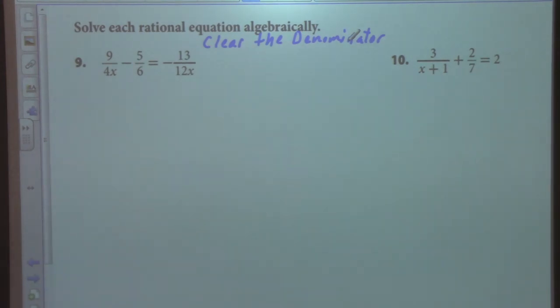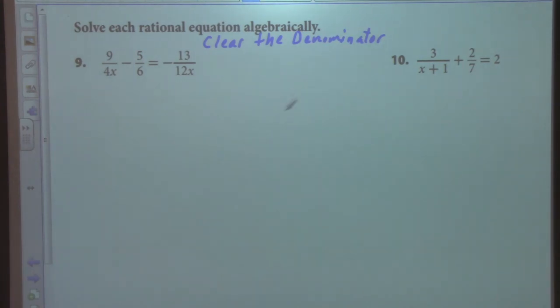What have we talked about, last Wednesday? That's been a long Easter weekend since then, right? Yeah. Okay, we have to worry about excluded values too.